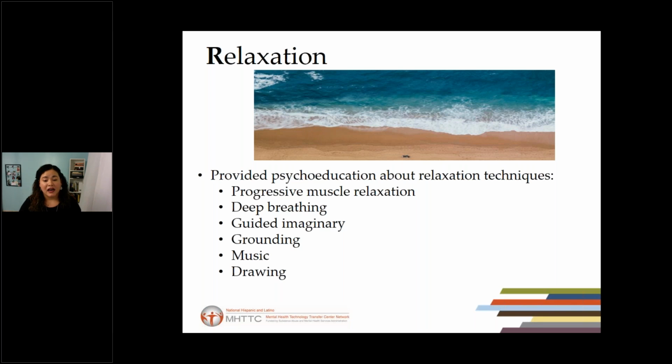The next component is relaxation. Teach a child a safe and effective breathing technique. And she usually loves to do the bubbles, that was one, breathing in and out. She got the breathing in and out really quickly without the bubbles, so we used the bubbles just once.